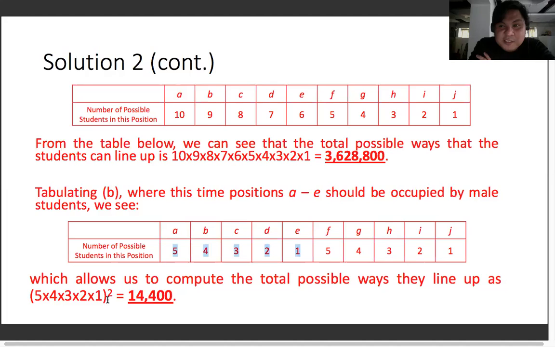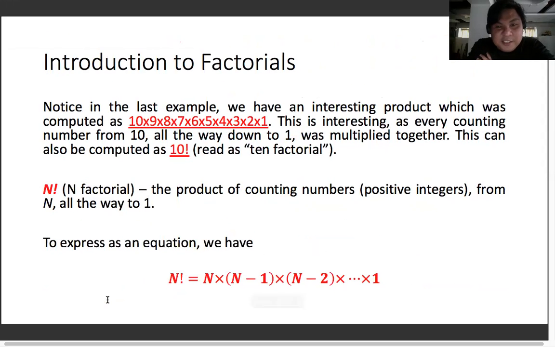All right. So this one definitely allows us to compute the number of ways of linear arrangements we have, given particular constraints. Now take note, in the beginning of the lesson, I did talk about factorials, and I did mention that it's going to be at the end. So here are now factorials.